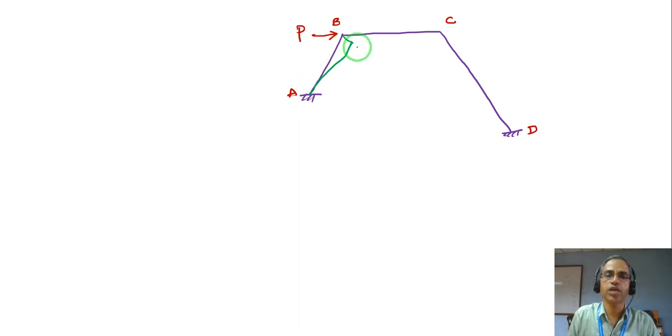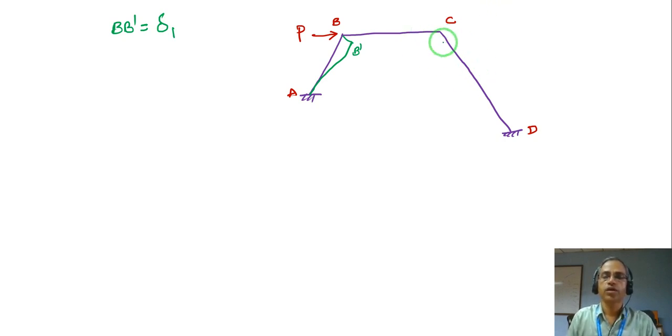So let us say this B goes to somewhere here as B dash. So BB dash is delta 1. Very important. We call it small delta 1.